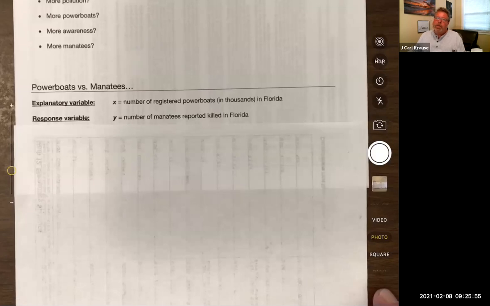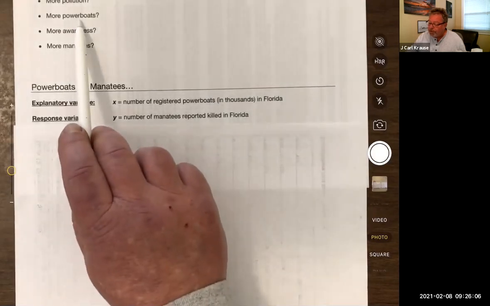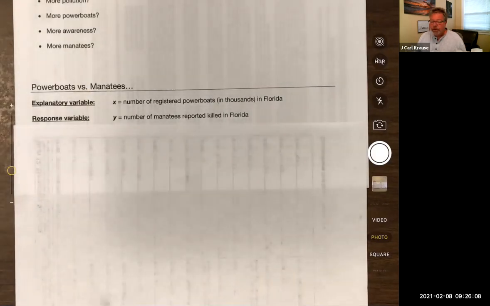And we don't do a whole lot of what's called error analysis. But I'm going to argue that one of the reasons to choose power boats as your explanatory variable is because we can easily gather data on that. That said, there's no way that we can gather data for how many boats there are in the water at any one time.